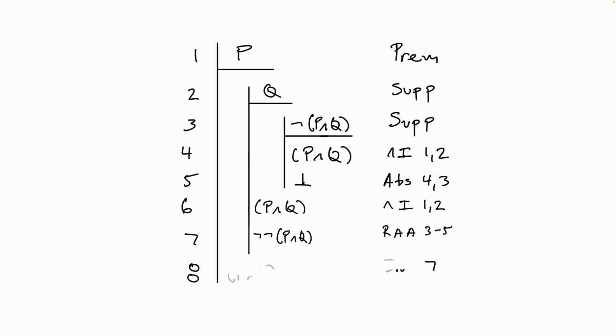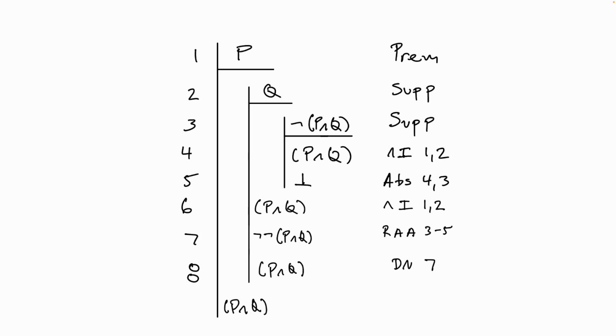And then, still working under the assumption that Q is true, we could have derived P and Q from not P and Q. But that wouldn't have gotten us any closer to our ultimate goal, which was deriving P and Q from P alone, not deriving it from P plus the extra assumption Q.